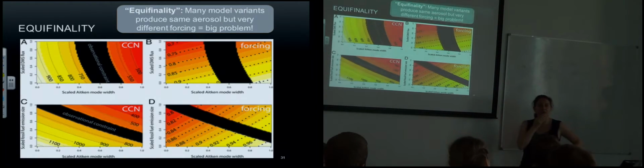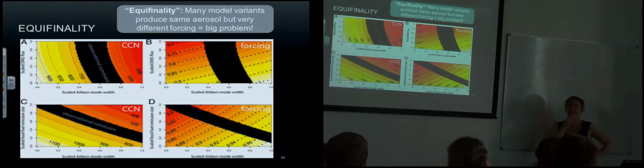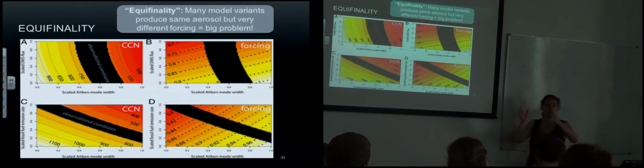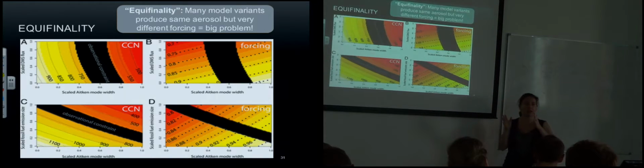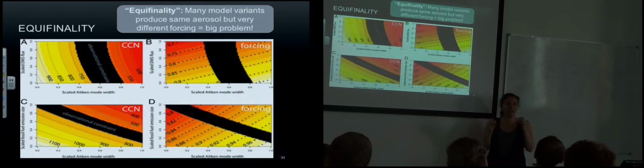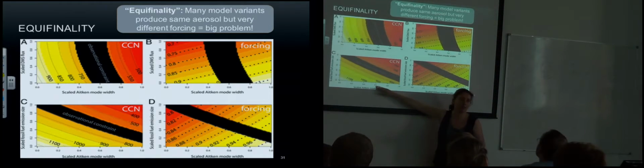I don't know about wrong, because I do think that even in the real world, the equifinality will exist. The same CCN could lead to a different radiative forcing under different conditions. I think we don't know enough about what those conditions are, and unless we can model every single thing that's happening, we're always going to get something like this.